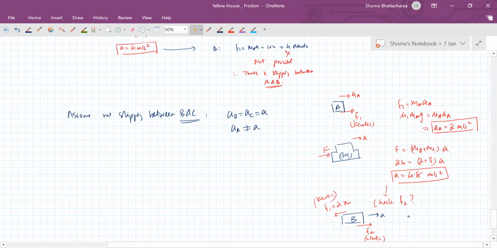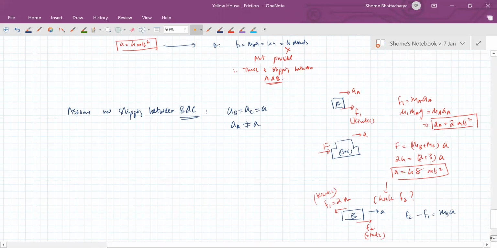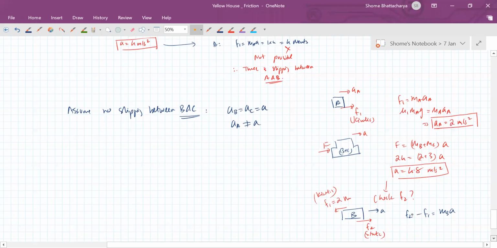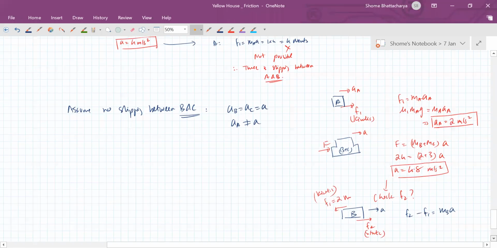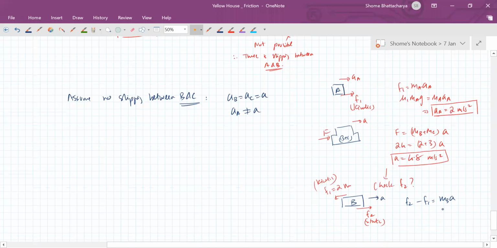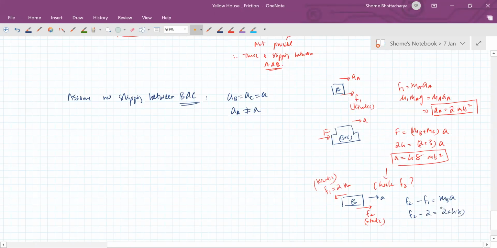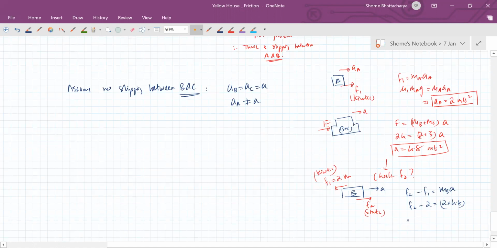So we'll have the equation that F2 minus F1 is this. Okay. So F2 is unknown friction, but F1 is the known value of 2 newtons. That should be mass of B, which is 2 kg into combined acceleration 4.8.